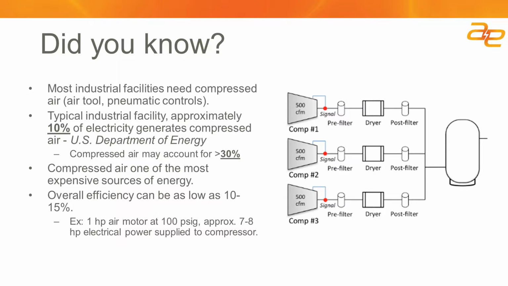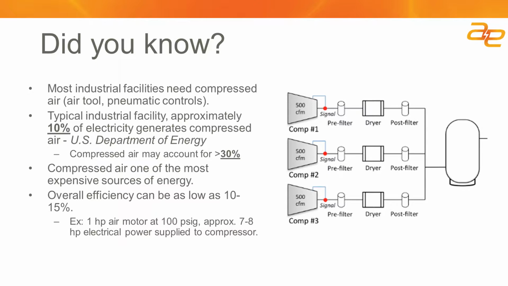Typically, a 1 horsepower air motor to produce 100 psi of compressed air requires up to 7 to 8 electrical horsepower supplied. So you can see that it's not very efficient, and therefore the electrical consumption related to producing compressed air can add up to a significant expense within your facility.